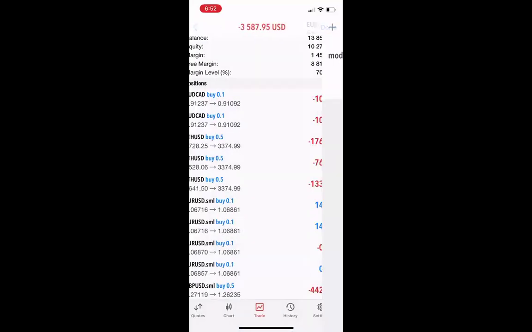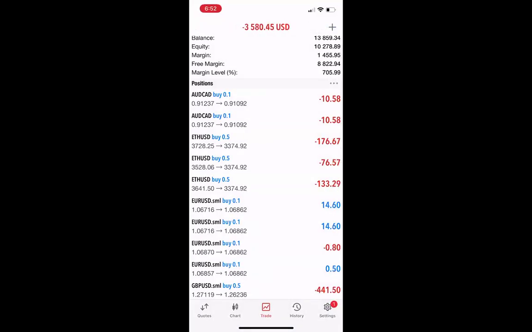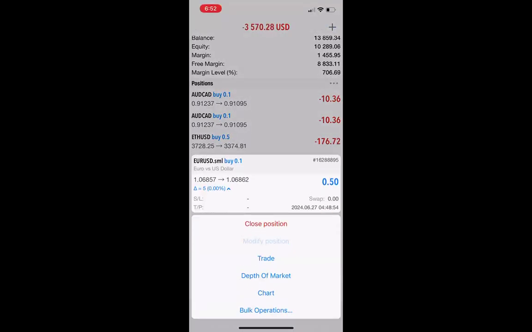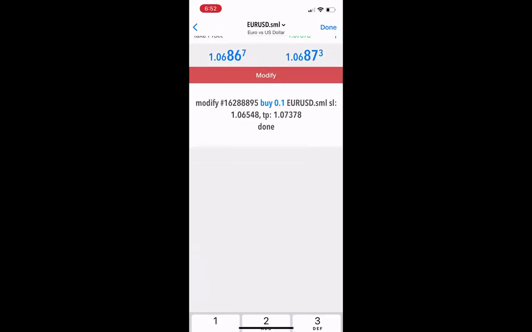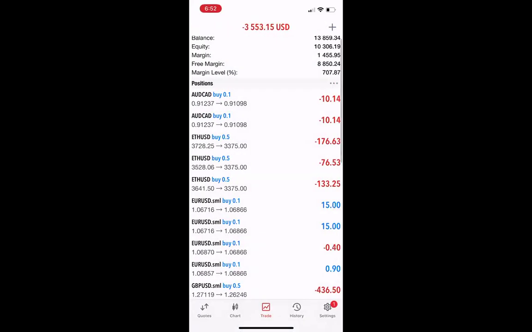Boom, I modify my precision. Okay, same thing with this one. Modify my precision because I took two trades. 0.7378. Stop loss is going to be 0.6548. Boom, right there.